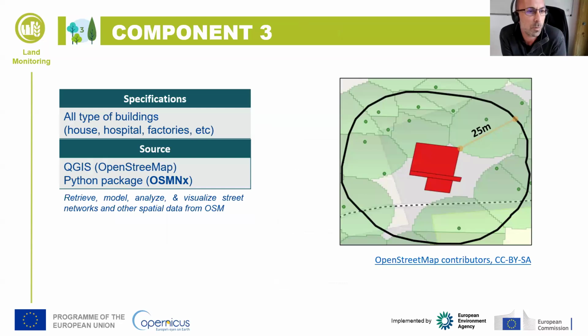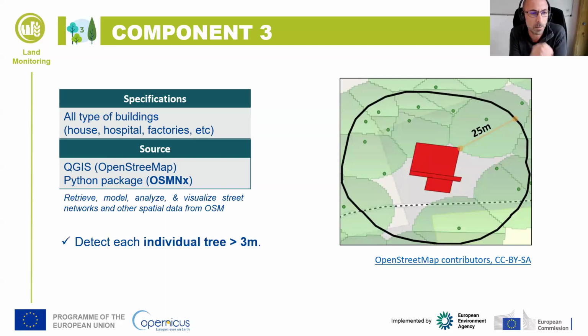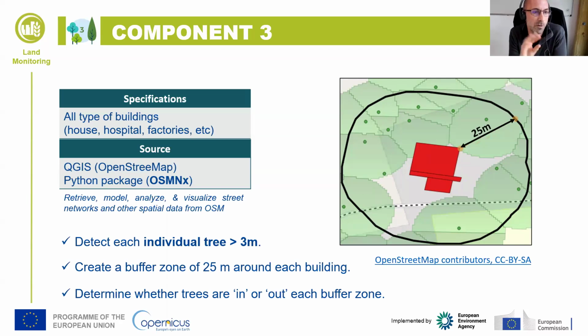For component 3, we need all types of buildings, so houses, hospitals, factories, and for that we can use a QGIS OpenStreetMap Python package, and for each building we have to detect individual trees taller than 3 meters. For that, we create a buffer of 25 meters around each building, and we define if we have trees inside this buffer and how many.